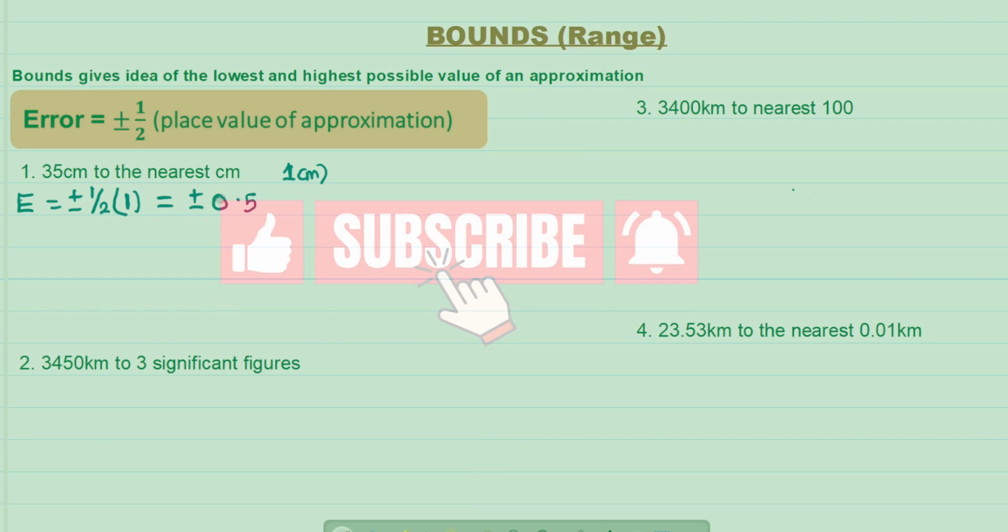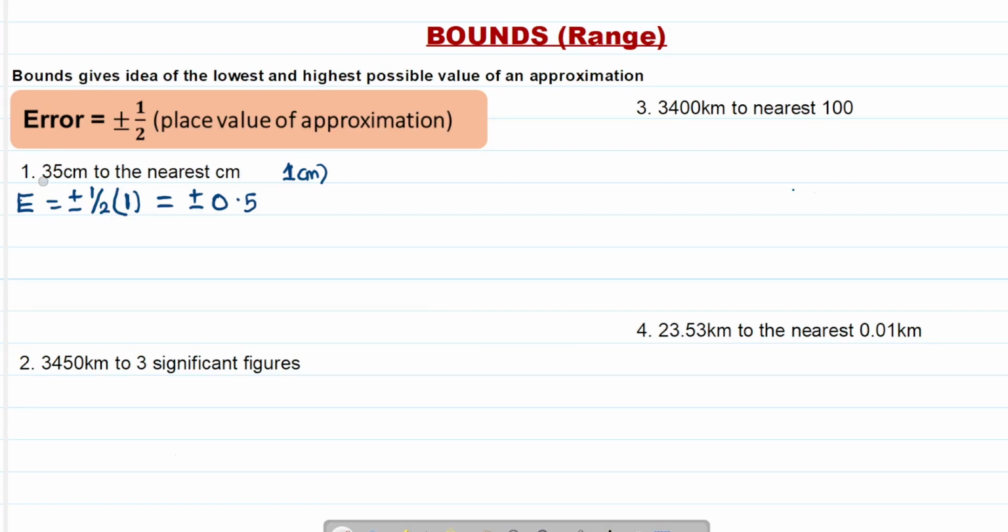Now, to get the lower bound for this measurement, we'll subtract 0.5, that is the error, from 35. So the lower bound, which is also known as the lower limit, is going to be 35 minus 0.5, and that will give us 34.5.